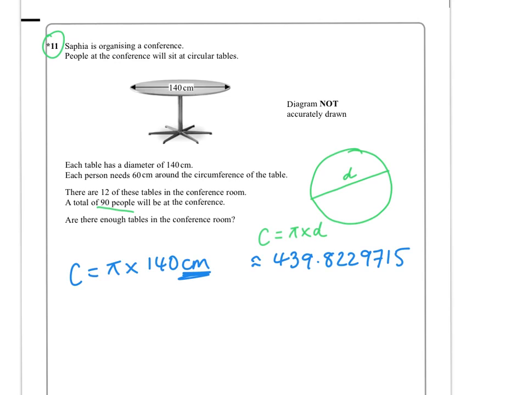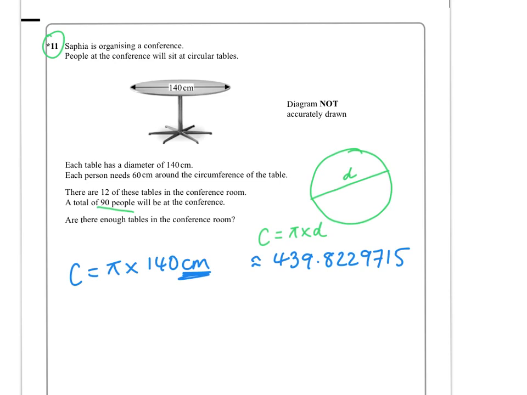So you've got to say to yourself, well, how many people could fit around that table? If it's 60 centimetres around the circumference, how many 60s would go into that?